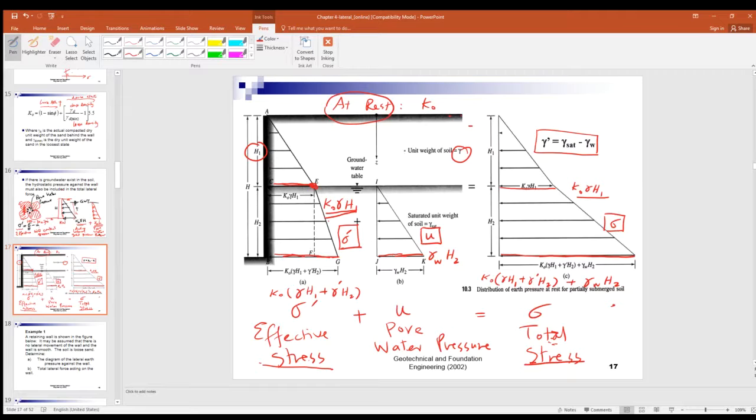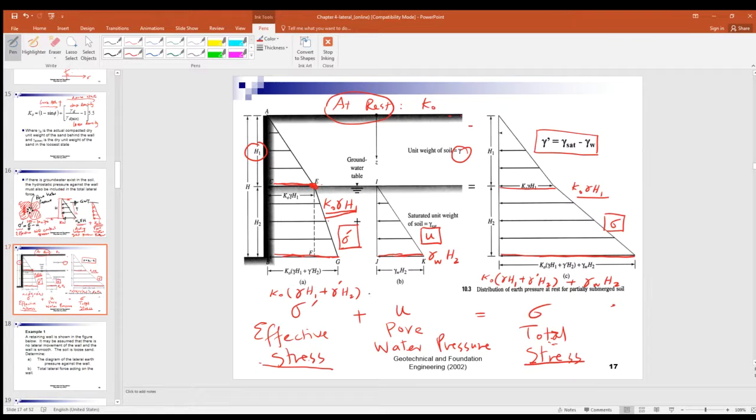Because at the depth H1, at point E, there's no water at all, so U is equal to 0. So sigma dash equals sigma. The total stress is exactly the same as the effective stress because there's no water here.